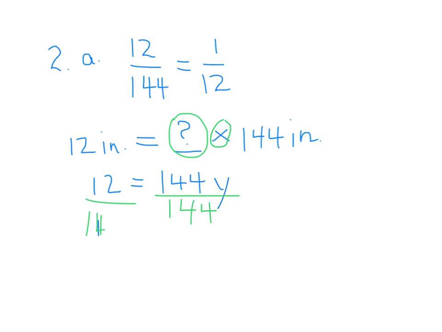Because I have to divide by the same thing on both sides, and I want y to be by itself, right? So now those are canceled out. They're gone. So that leaves me with just y over there. And then 12 over 144 should look very similar to what we began with, and that makes my answer 1/12.